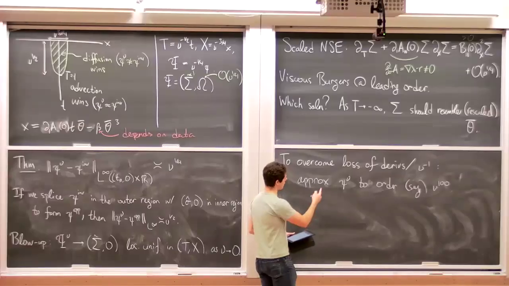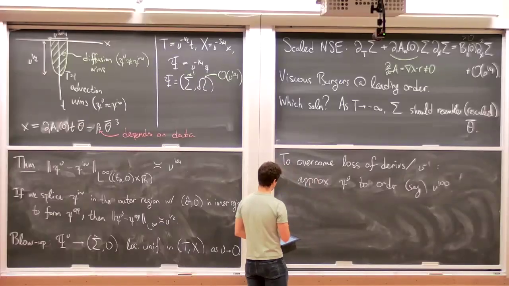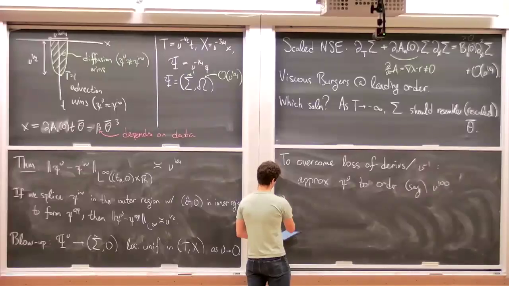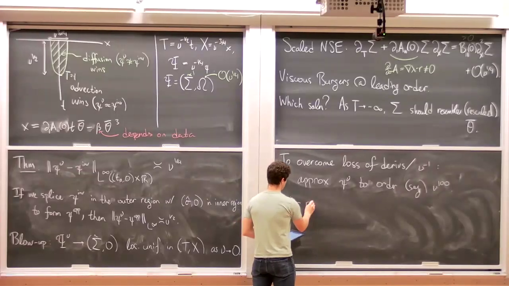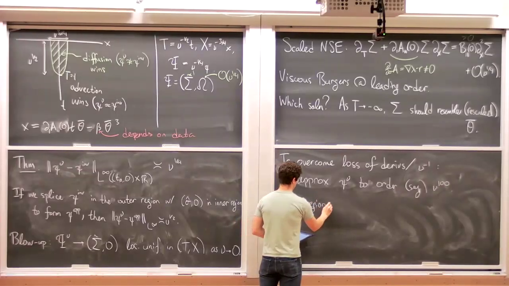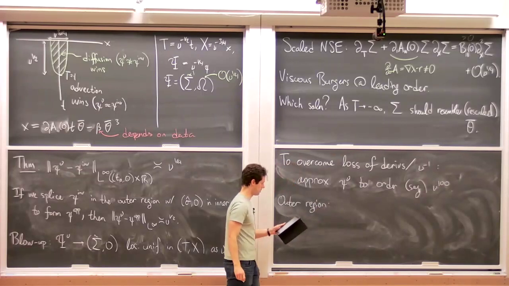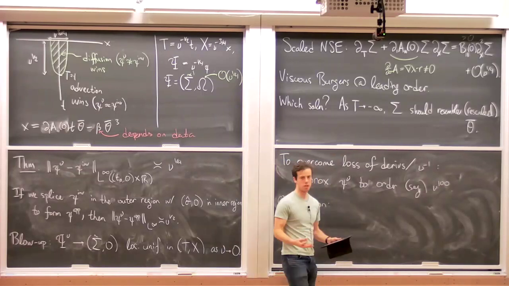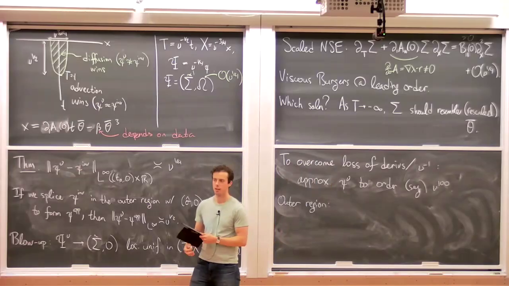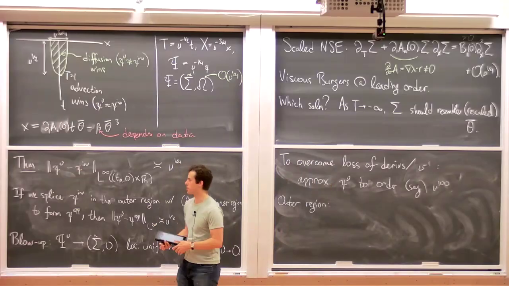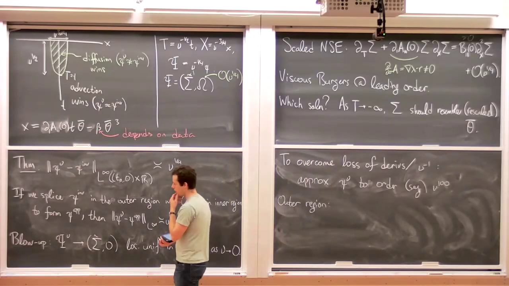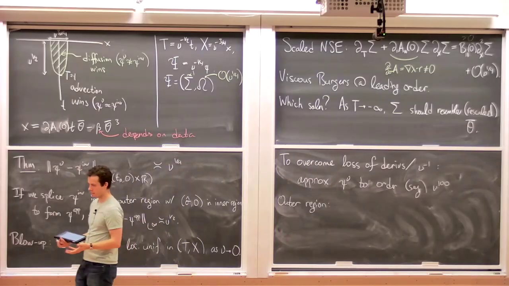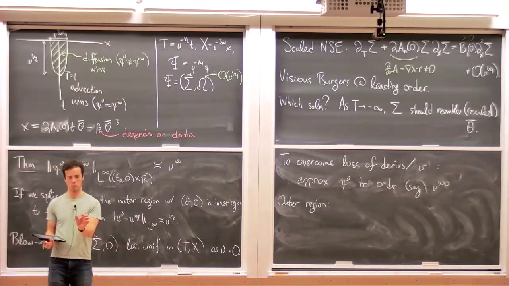So how are we going to do this? How do we get a more accurate approximation? So in the outer region, where the viscosity should be perturbative, we can use a traditional asymptotic expansion for psi. So we just say, well, we have this viscous conservation law. It has a small parameter in it.